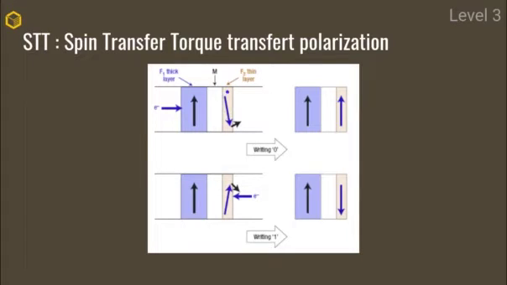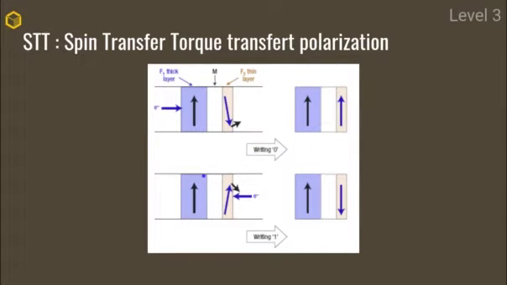So let's say that 100% of my layer was polarized this way. Little by little, my electrons will start pushing it this way until 100% or close to 100% of my free layer changes polarization, and now we have a parallel configuration. So this is the principle of writing a zero.